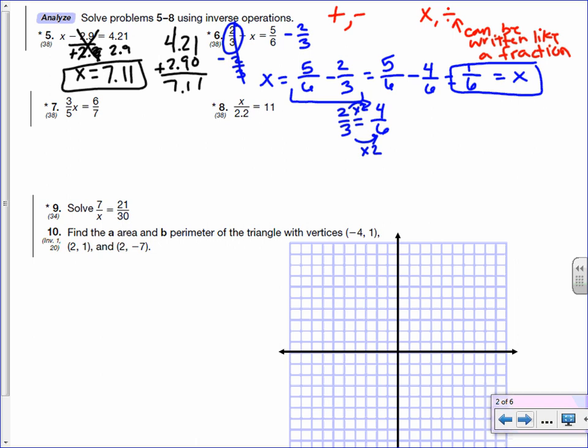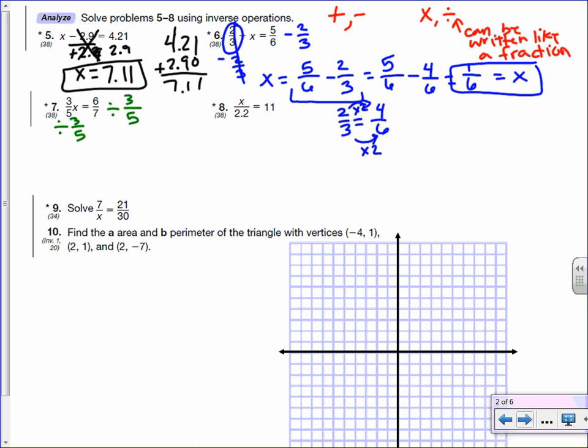3/5 x equals 6/7. When we put a number right next to x like this, it's being multiplied. So what we need to do is divide, because that's the opposite of multiplication. I could take 3/5 x divided by 3/5, and then 6/7 divided by 3/5.